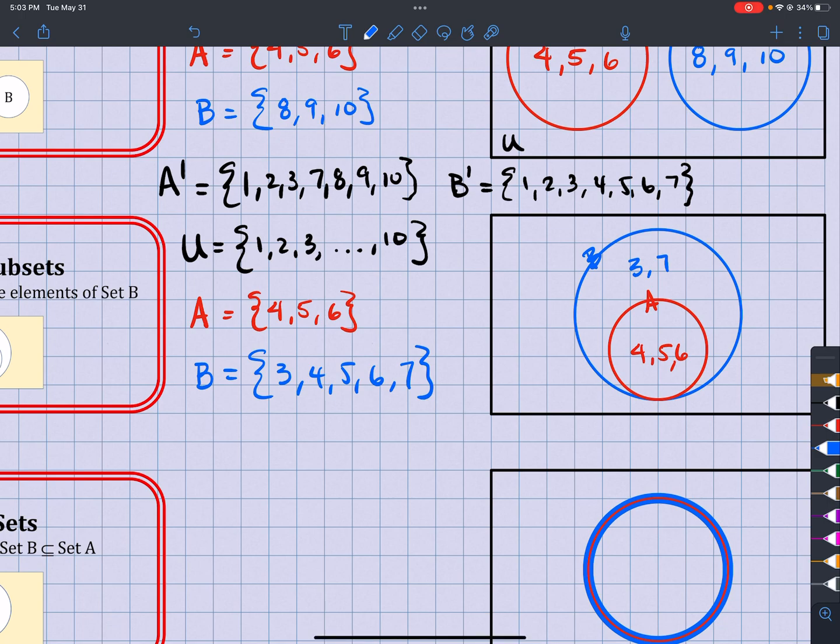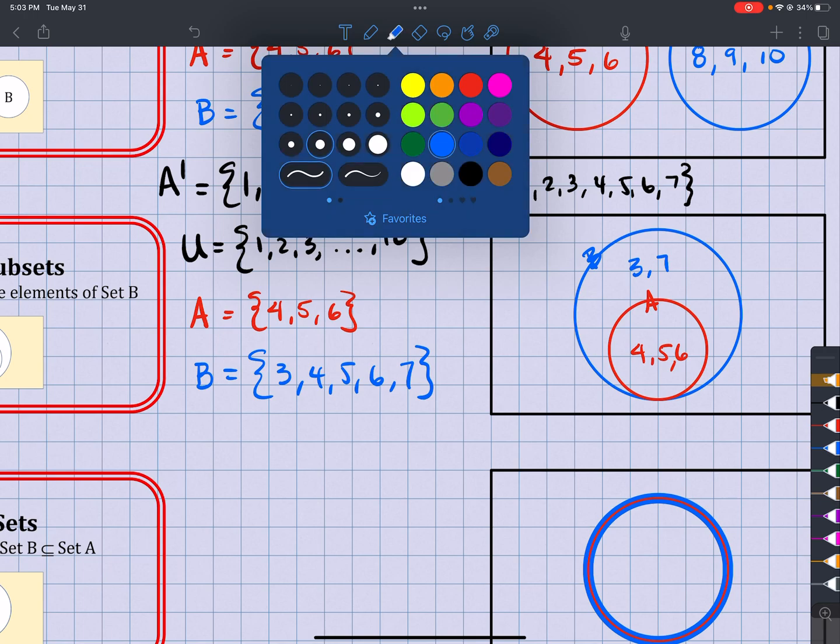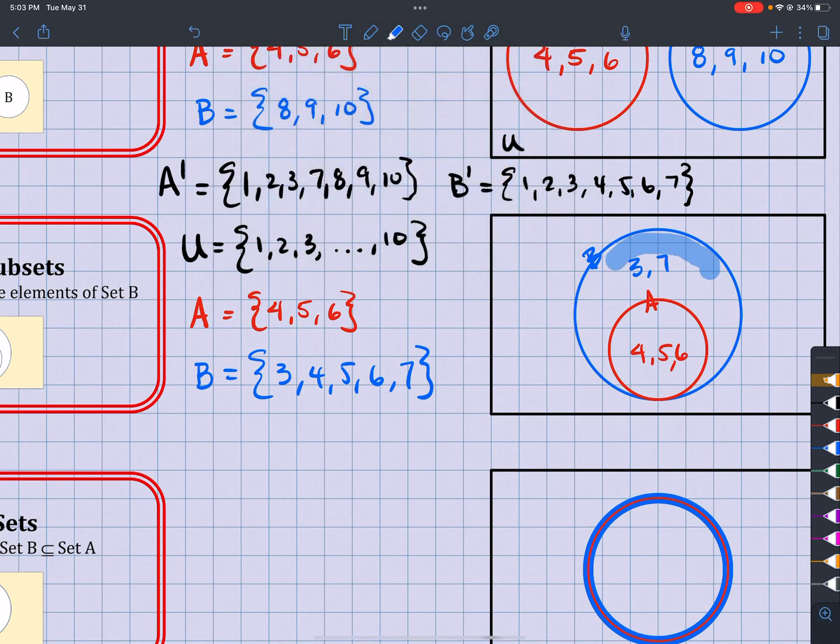So if you look at everything in here, right? Everything in this blue, you're going to have 3, 4, 5, 6, and 7, right? Not just the 3 and 7, but all of it.